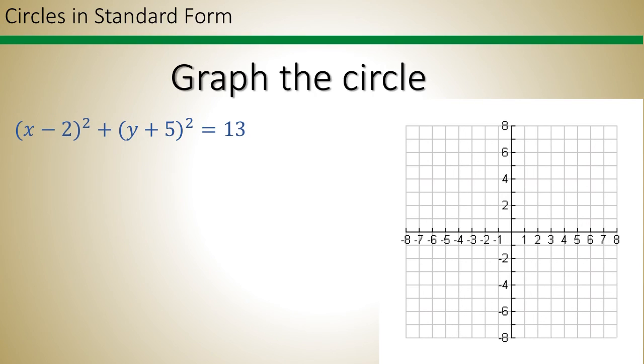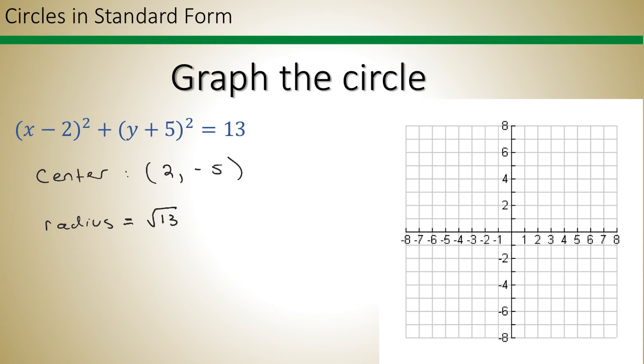All right, here's another example. Again, find the center and the radius. The center of this is going to be, this time, +2, -5. Our radius is equal to root 13. I have to take the square root of that number we see over there. Okay, so root 13 doesn't do a lot for me if I'm looking at a graph.